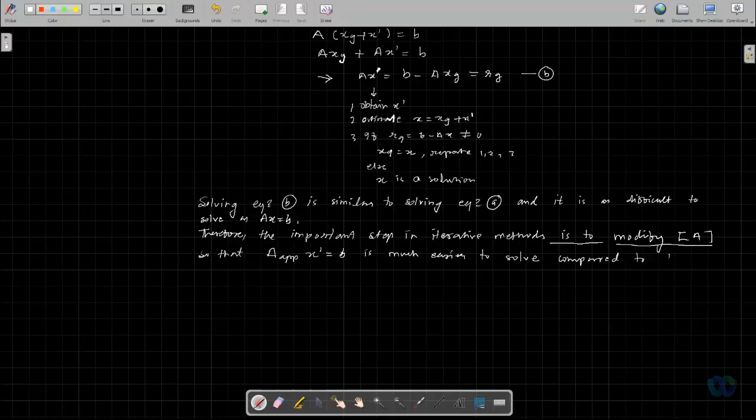AX is equal to B. And all the iterative methods differ in the way A approximate is defined, or approximated.